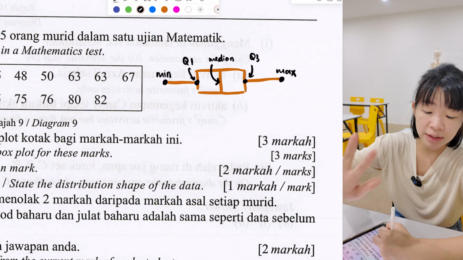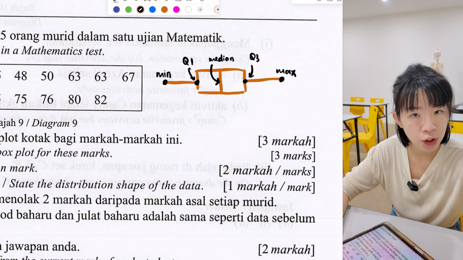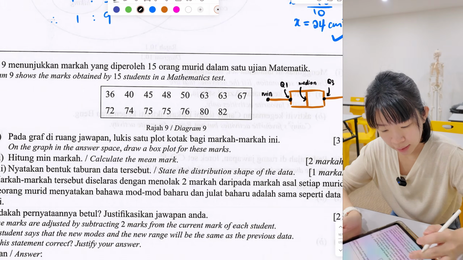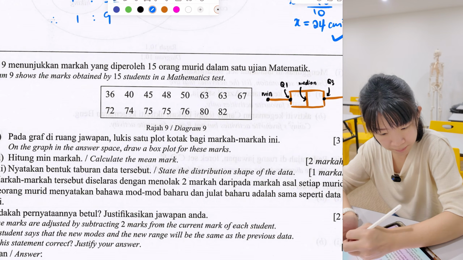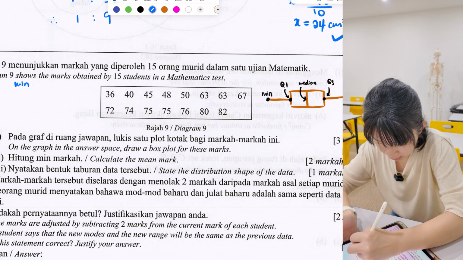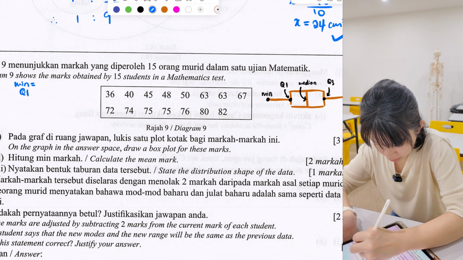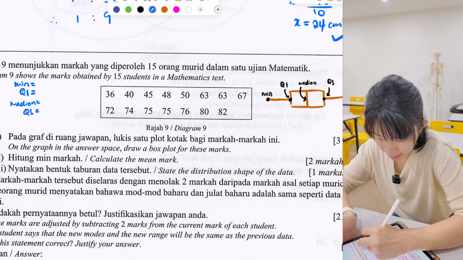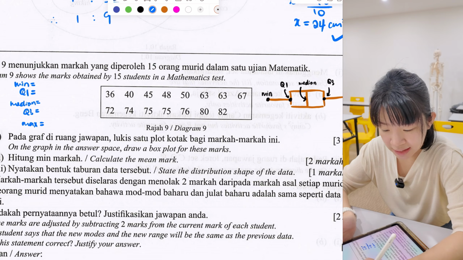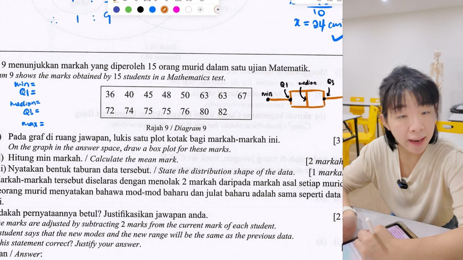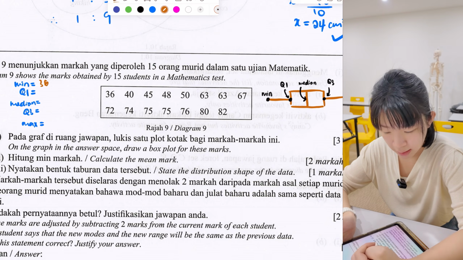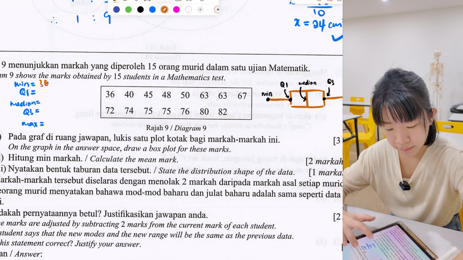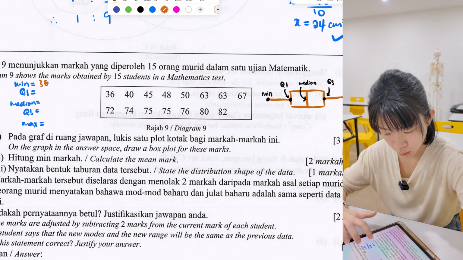So you need to find out these 5 things, then only we can construct a box plot. Okay, so look at this data. Since it's already arranged in order, we need to find minimum, Q1, median, Q3, and maximum. We can easily find the minimum and maximum. Minimum, 36. Maximum, 82.